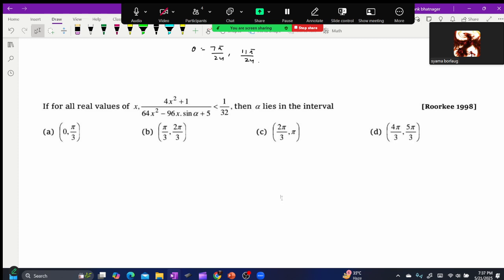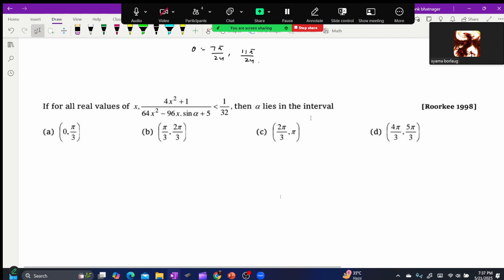That's the right way of solving. Then we have to take the LCM, multiply and do. But sir, I have one small doubt. It's 96x into sine alpha plus 5 or sine alpha, sir? 96x into sine alpha.